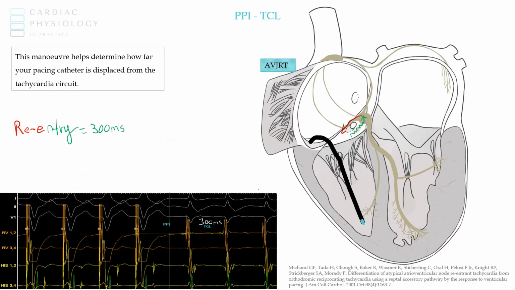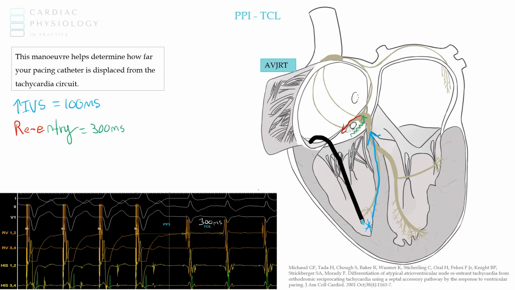So in the context of AVJRT, the post-pacing interval is how long it takes for our paced stimulus to go to the circuit, which in this case means traveling up the interventricular septum. And that's going to take some time. So let's say that takes 100 milliseconds. Let's be conservative.